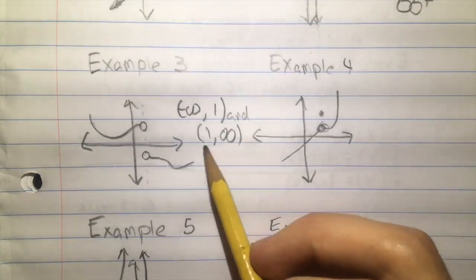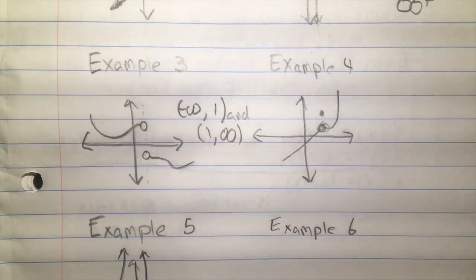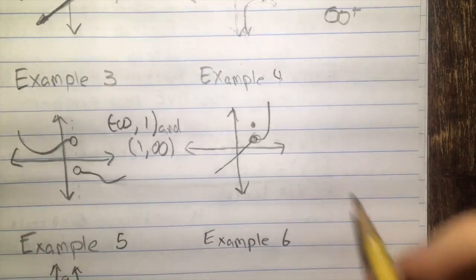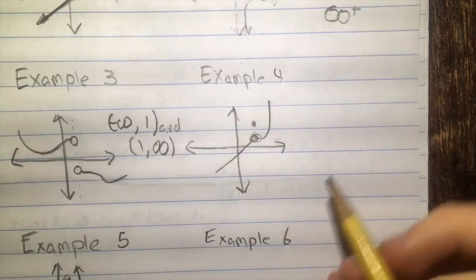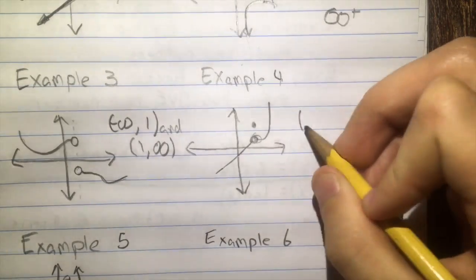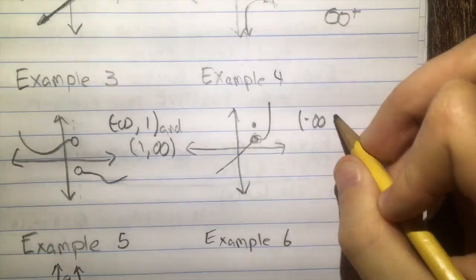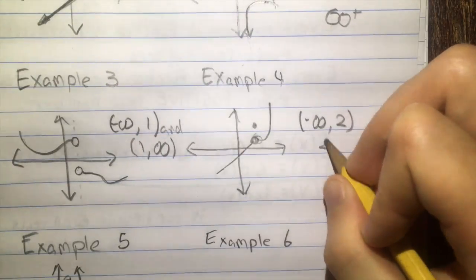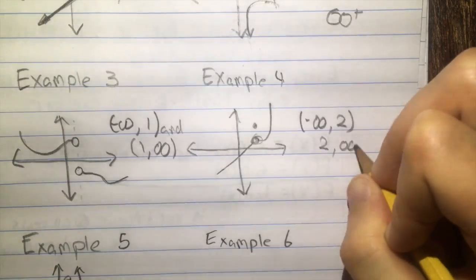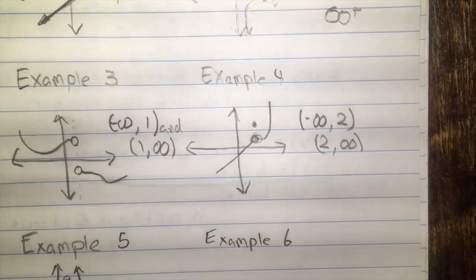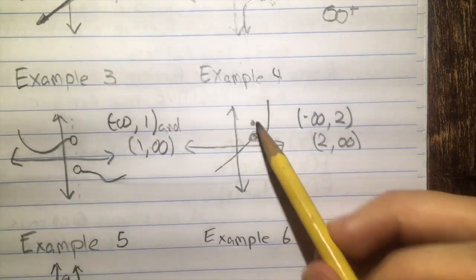And remember to put the parentheses on both sides, not the brackets. For this one, it works the same way as this one, so again, let's say that's 2, so negative infinity to 2, then 2 to infinity. The brackets and parentheses don't change because of this value.